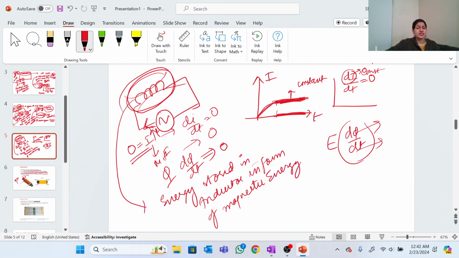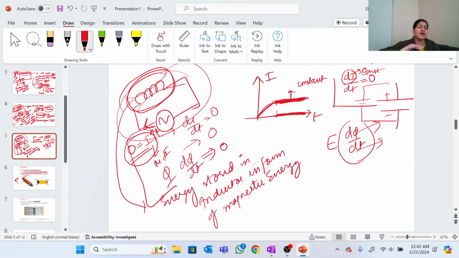Right? So I told you that you remember there was a capacitor and a process known as charging of a capacitor. So whatever we were doing here is the process of charging or energizing an inductor. A capacitor is charged and discharged, and an inductor is energized and de-energized. So whenever we cut off the input supply, there is no increment in current, no flux is generated, and no EMF because of this flux.